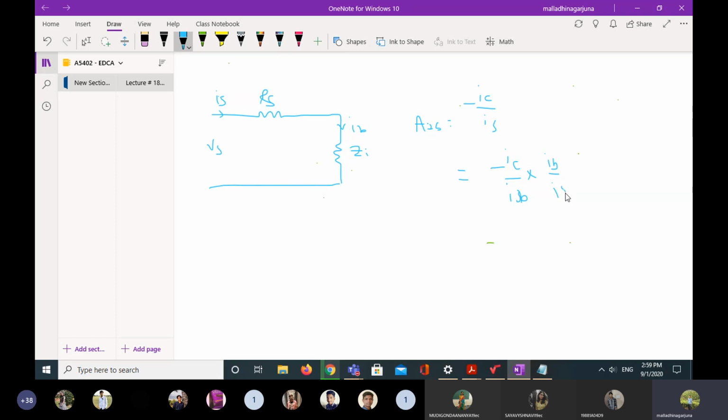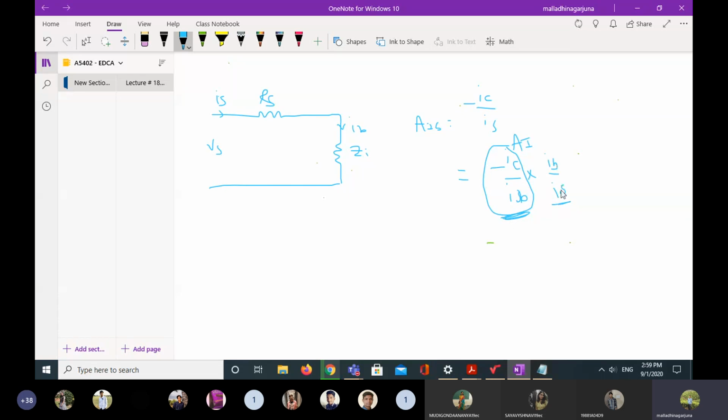So IB cancels. Minus IC by IB, that factor we already calculated, that is AI, minus HFE by 1 plus HO into ZL. So I need not calculate these parameters again, only this one.